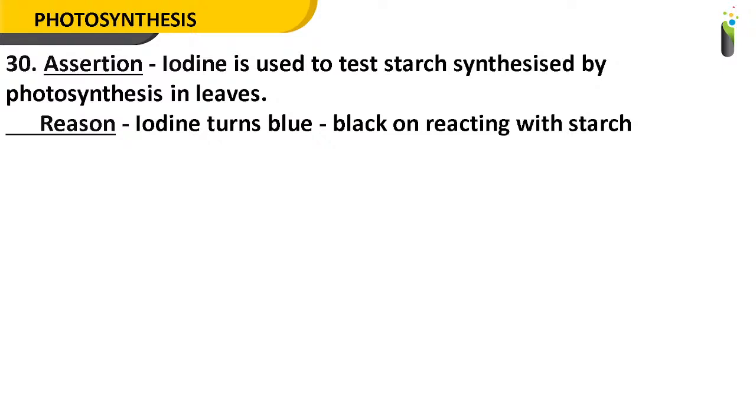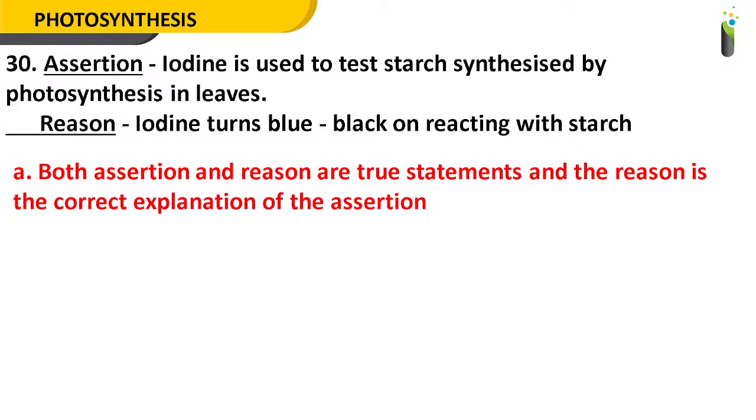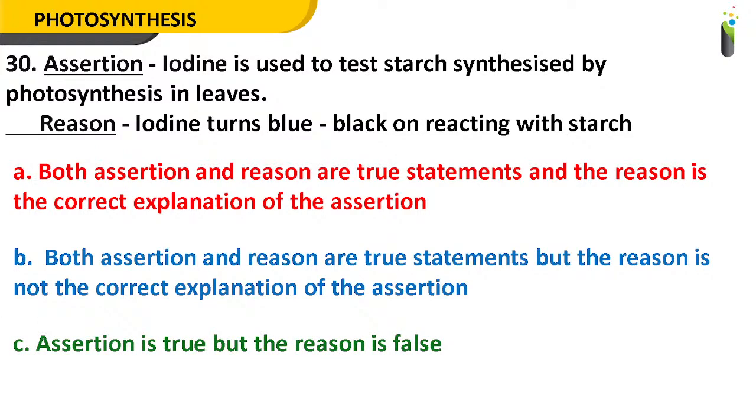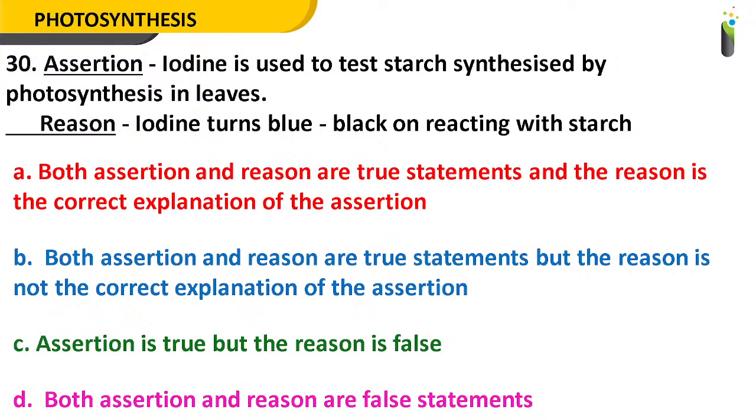Your options are A. Both assertion and reason are true statements, and the reason is the correct explanation of the assertion. B. Both assertion and reason are true statements, but the reason is not the correct explanation of the assertion. C. Assertion is true, but the reason is false. D. Both assertion and reason are false statements.